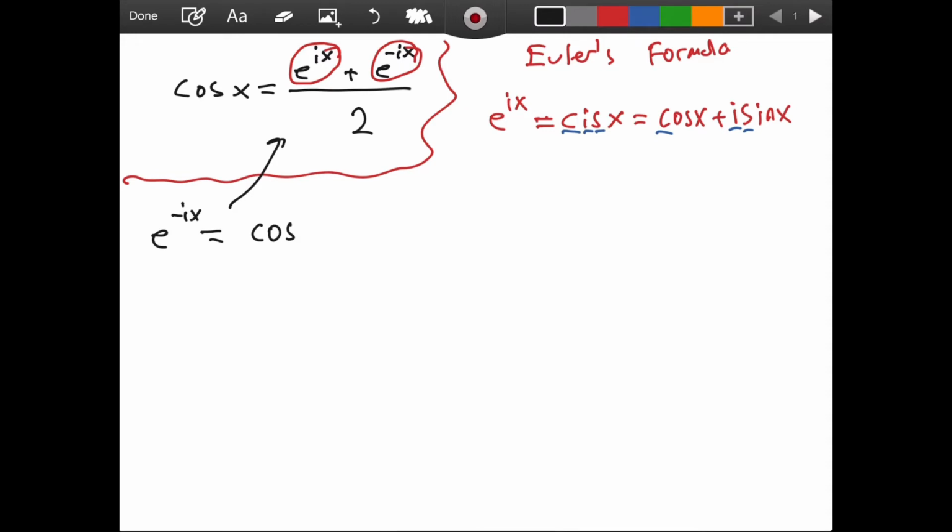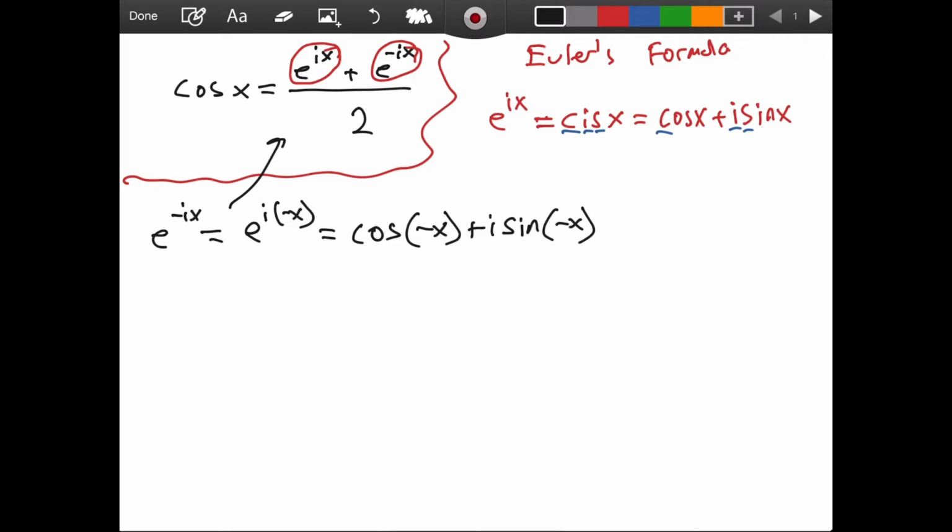Perhaps think of it like this: we have e raised to the power of i, and then we have -x. So we would have cosine of -x plus i sine of -x.